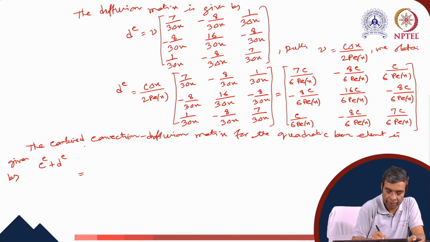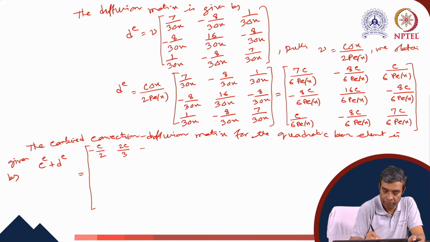So our CE, it was minus C by 2, 2C by 3, minus C by 6, minus 2C by 3, 0, 2C by 3, C by 6, minus 2C by 3, and C by 2.